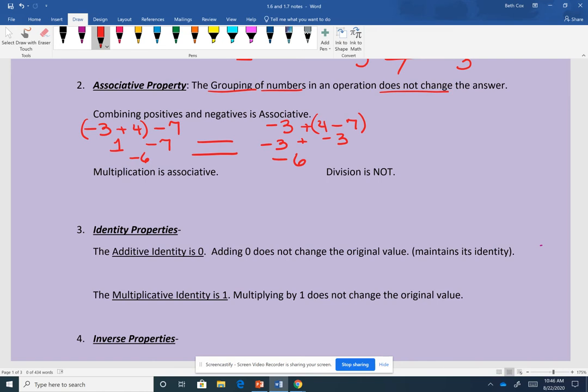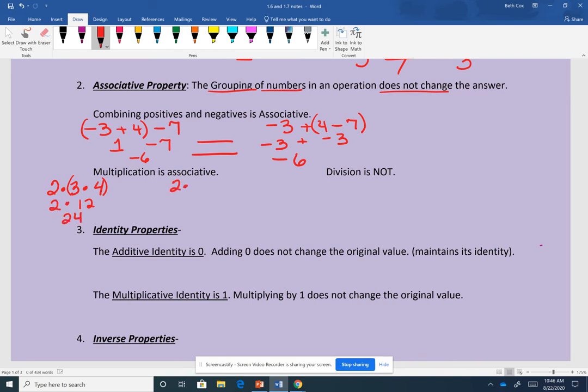Multiplication is associative. So when I'm multiplying 3 numbers together, I can pick the order that I do it. So if I do these two first, that would give me 12. And 12 times 2 is 24.